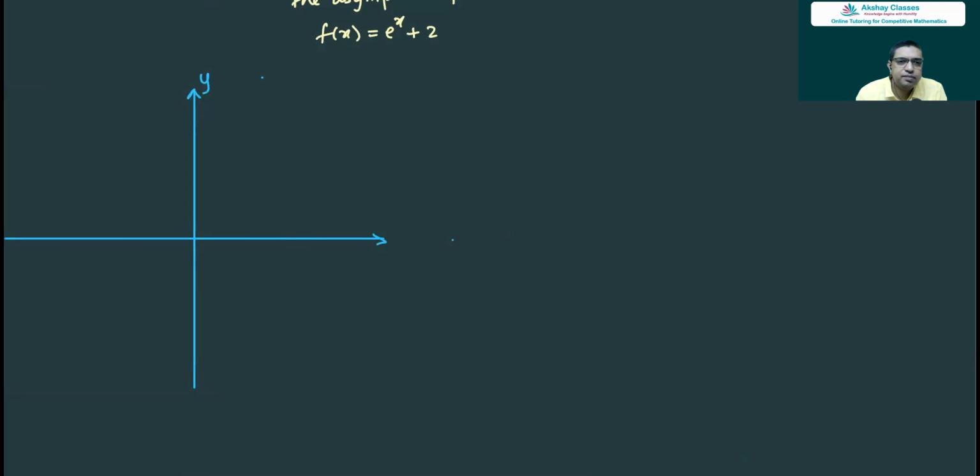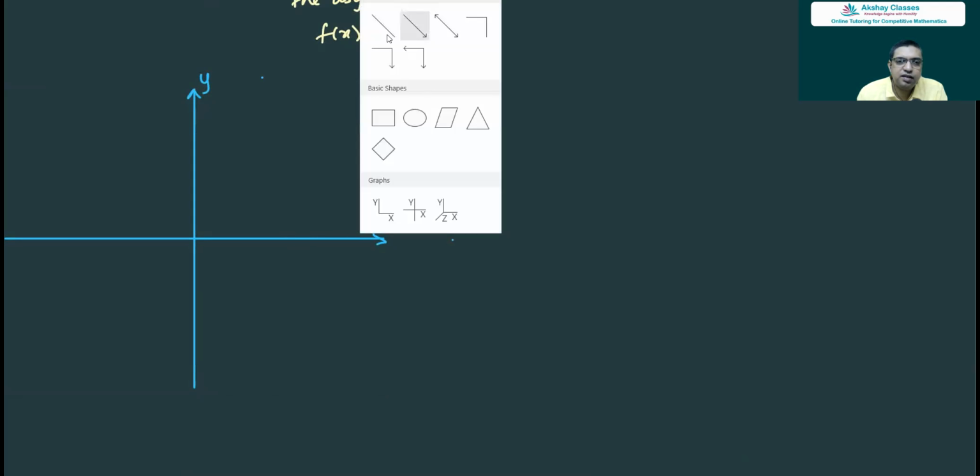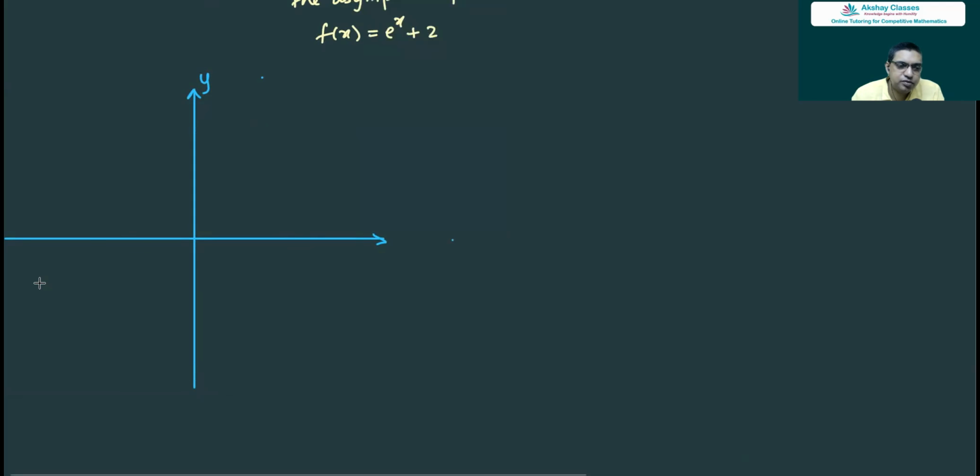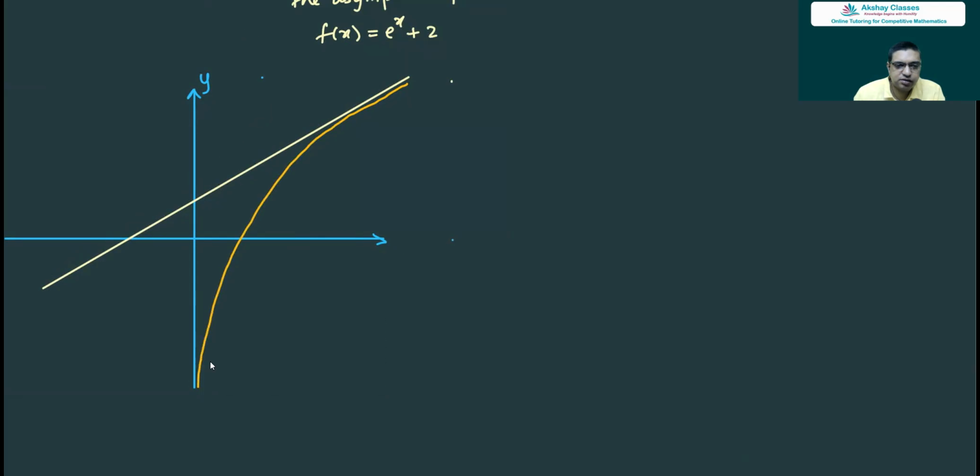Now this is a line. Let's say this line is an asymptote to a curve. And let's say the curve is something like this. Okay. So this is the curve y equal to f of x. And this is the line y is equal to k1x plus b1.